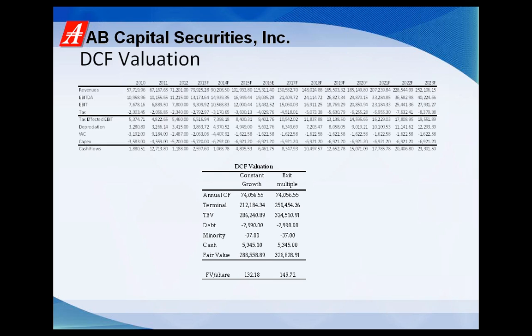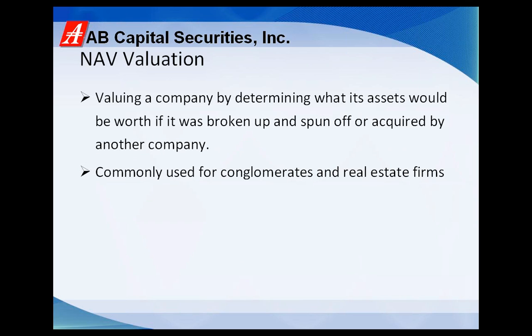Next is a net asset value valuation, wherein you value a company by looking at how much each of its assets are worth, for example if it was broken up, and do a sum of the parts type of analysis.